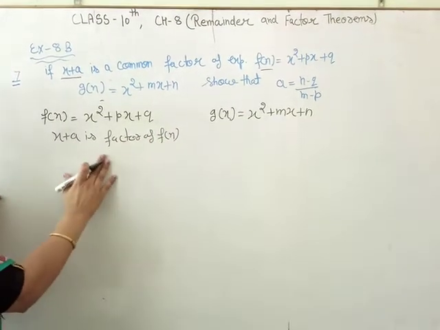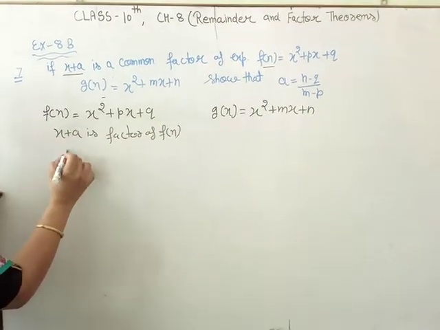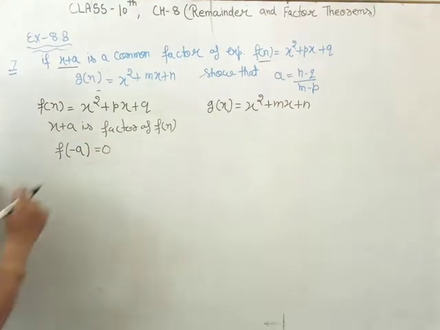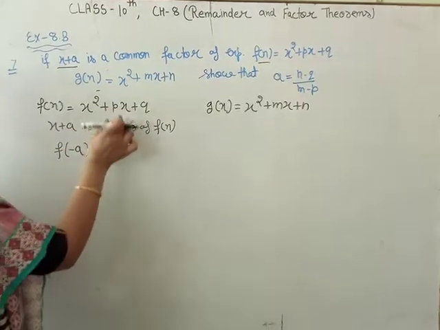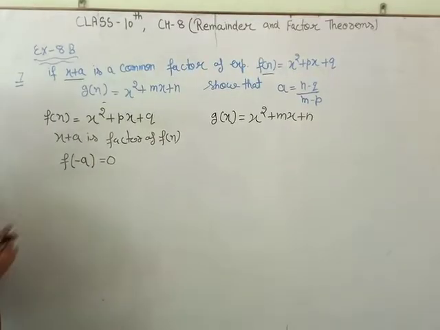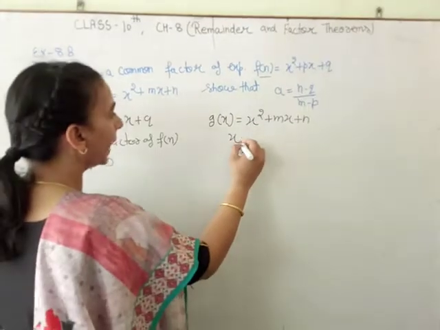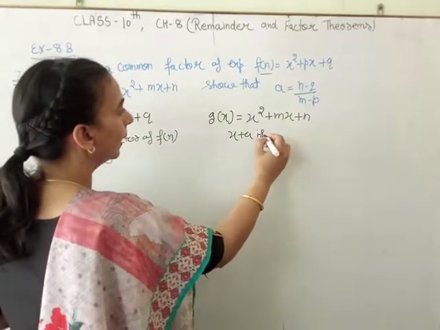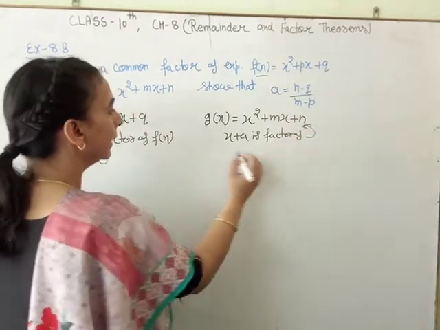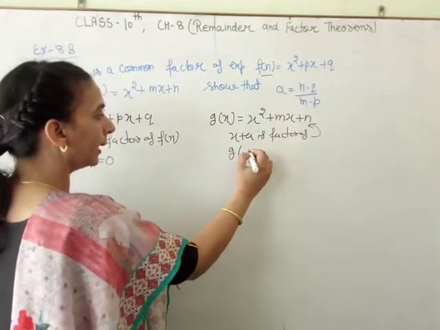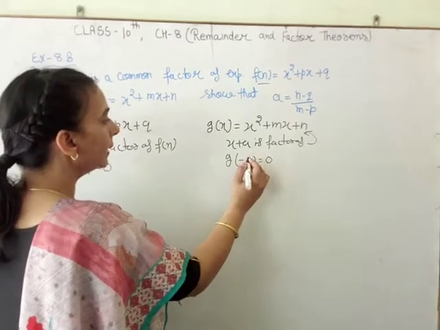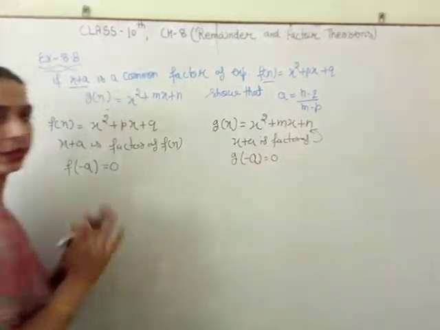If x plus a is a factor of this, then f of minus a equals 0. Same, if x plus a is a factor of g of x, then g of minus a equals 0.